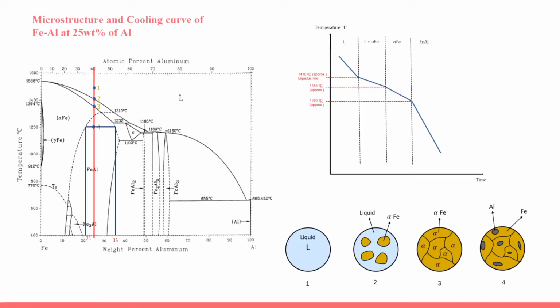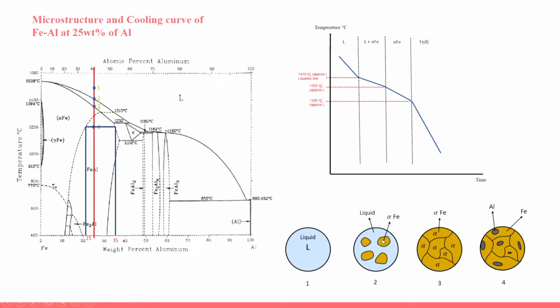Now we will look at the cooling curve and microstructure of the iron aluminium. As we can see here, this is the temperature around 1500 degrees Celsius where it is fully liquid. When the temperature drops to 1410 degrees Celsius, which is the liquidus line here at point 2, we can see the alpha will start to form.